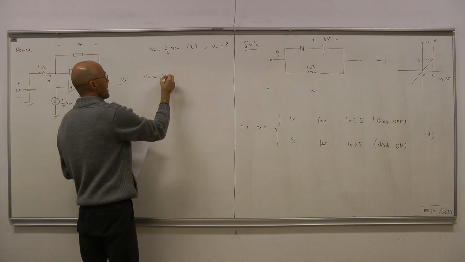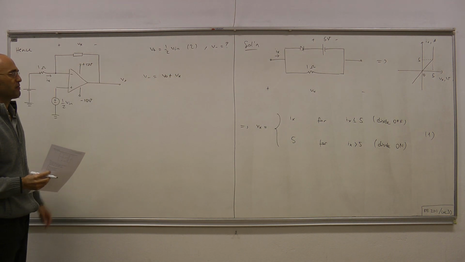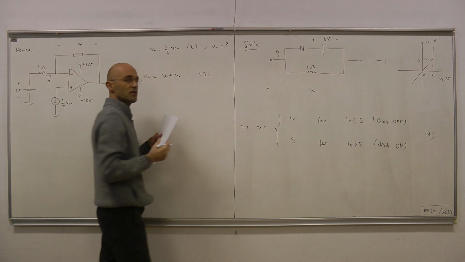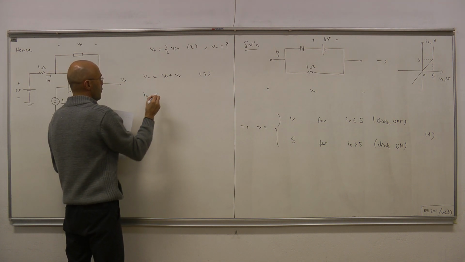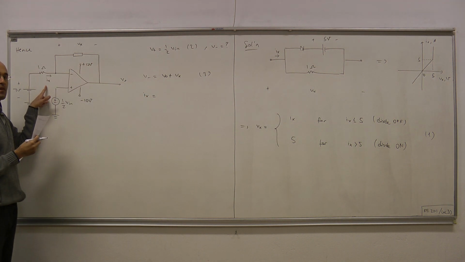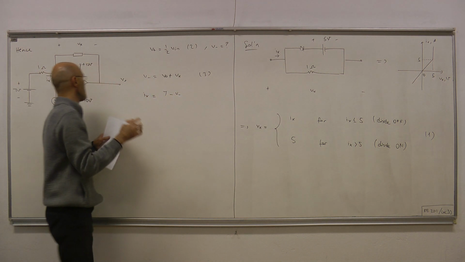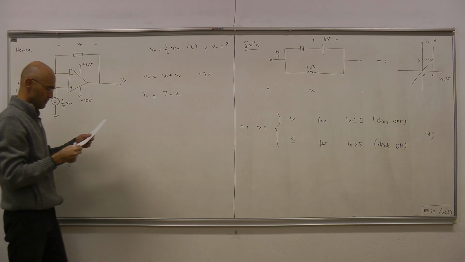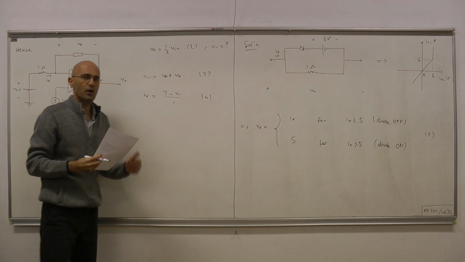So V out plus the voltage drop across our nonlinear feedback, Vx. Let's also give this equation a name. And as for the current here, Ix is 7 minus V minus, so this voltage drop across the 1 ohm resistor, divided by 1. That's our equation 4.